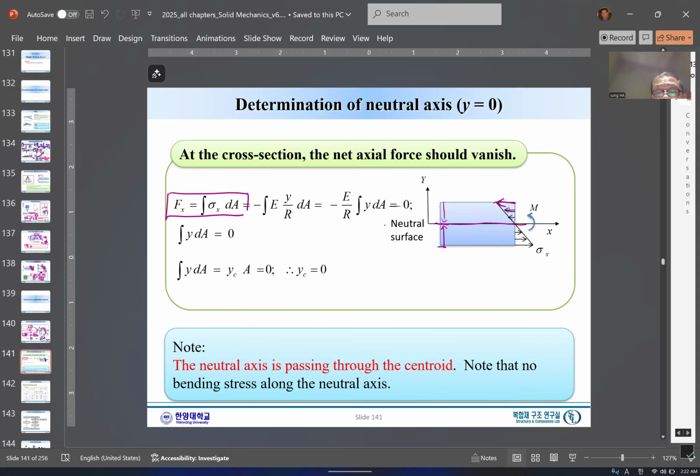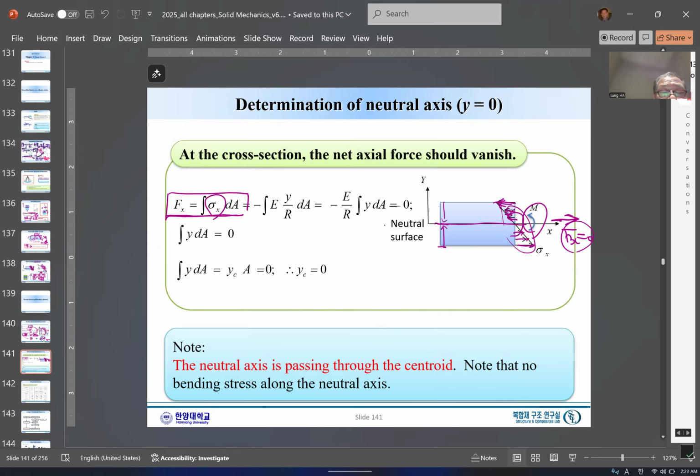Well, we knew there are some axial stresses, but the main point is that we don't apply any Fx. Fx is zero. We only apply the moment. So these stresses all cause this moment, but these stresses would not generate a resultant; it should be zero. So this is Fx.